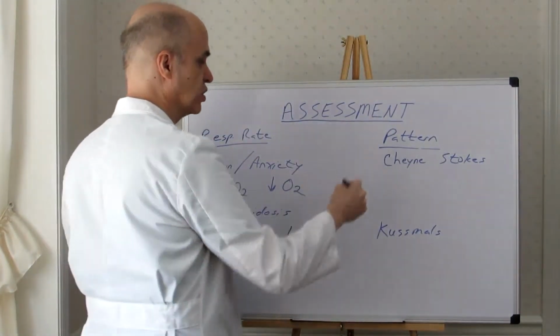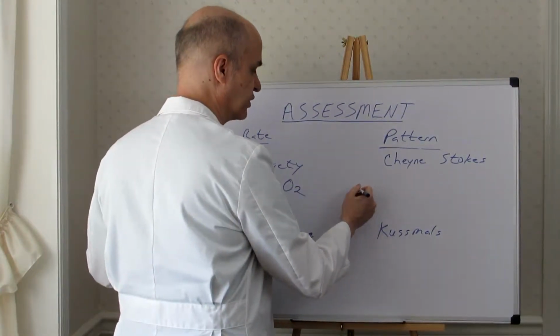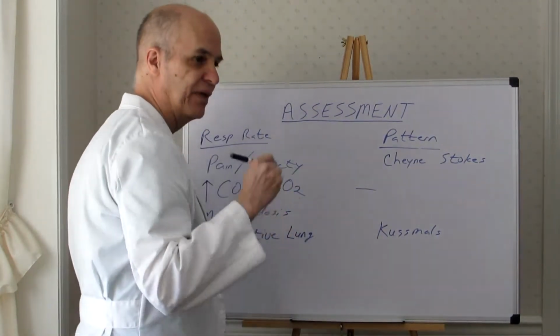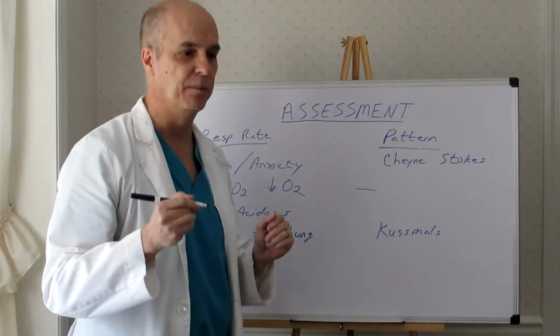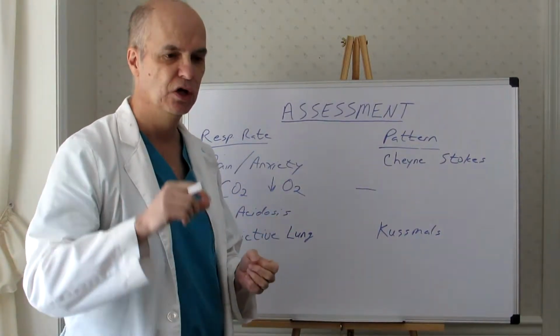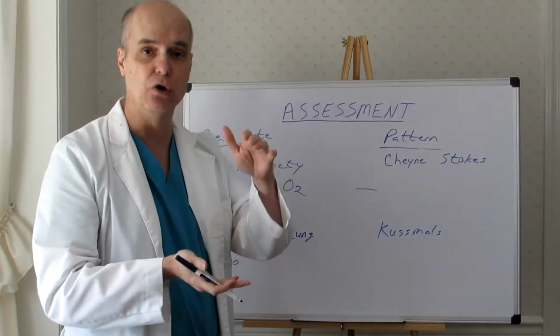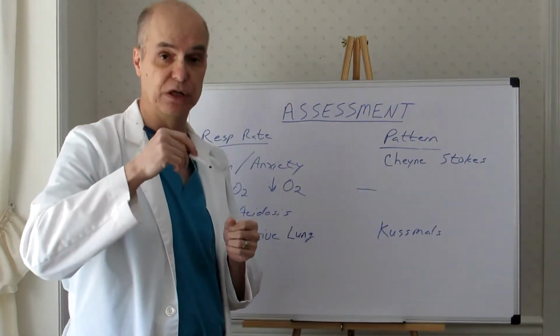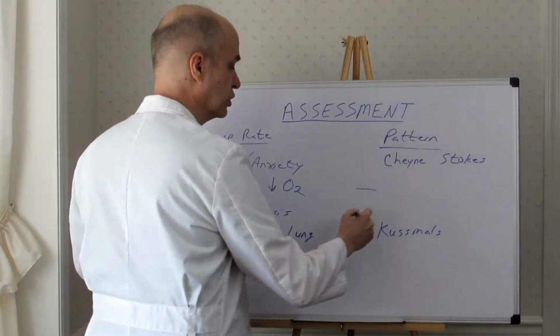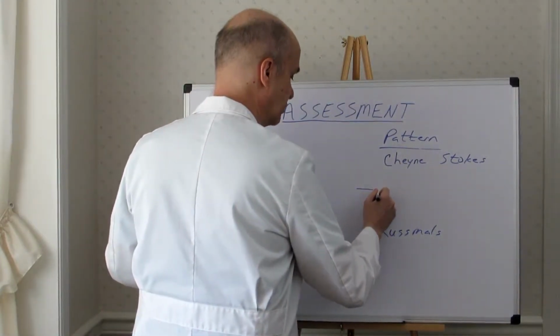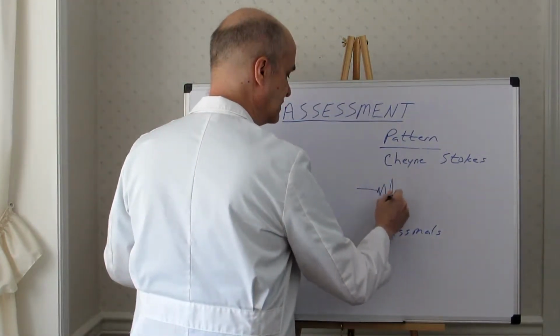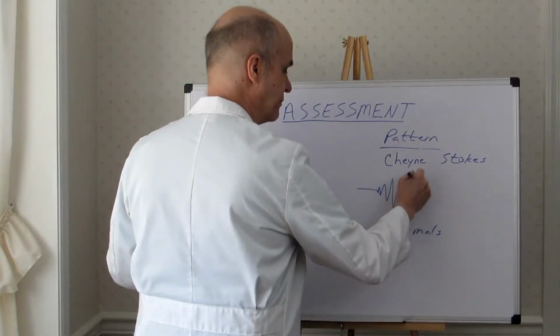Cheyne-Stokes respirations starts with a period of apnea. After that apnea, the patient is going to start to take breaths, shallow at first and rapid, but then it's going to crescendo into very deep and very rapid respirations. So it would look like this. They start to breathe shallow, but then it gets deeper and faster, faster and deeper.